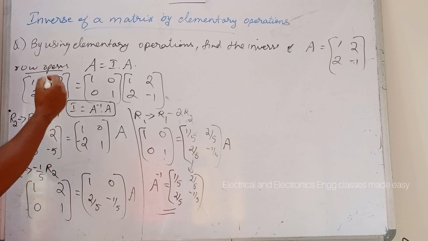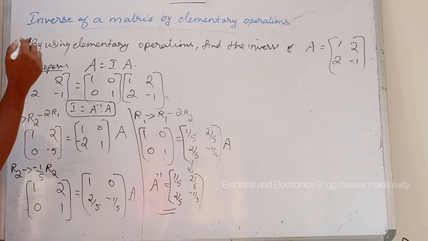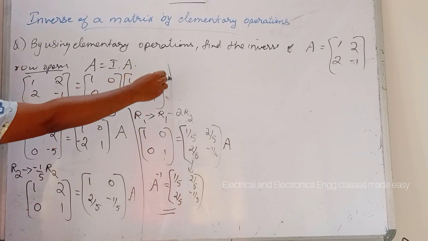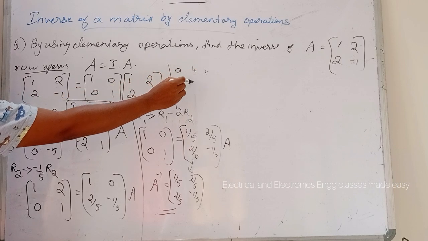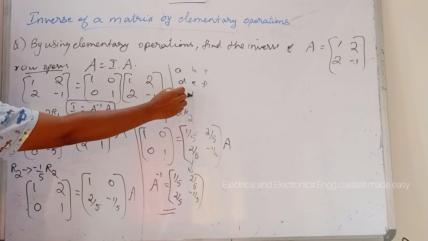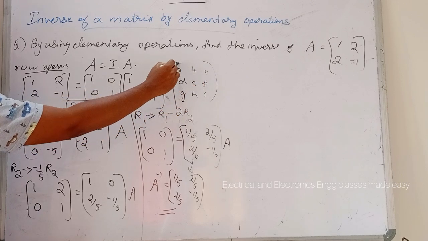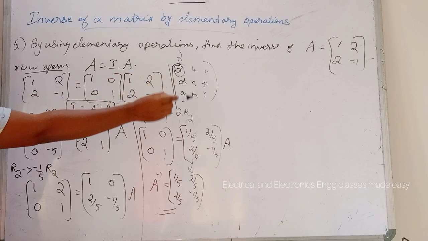That is, first of all make the first element 1, then make the second row element 0. So this is in the case of a 2 by 2 matrix. In the case of a 3 by 3 matrix, there will be 9 elements. So in this case, first of all make this one as 1.